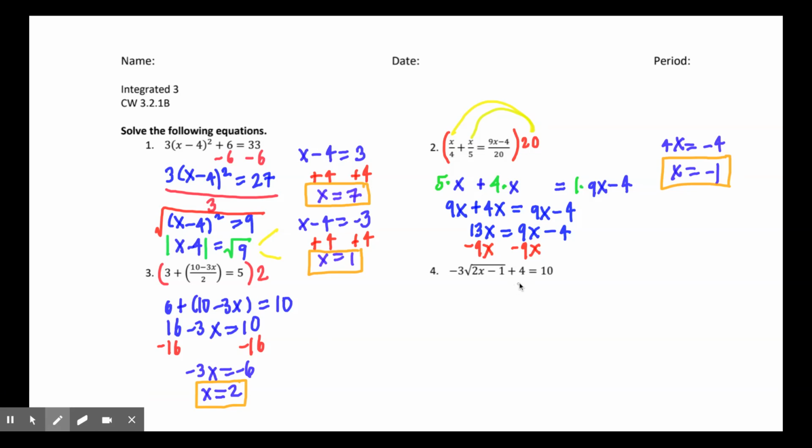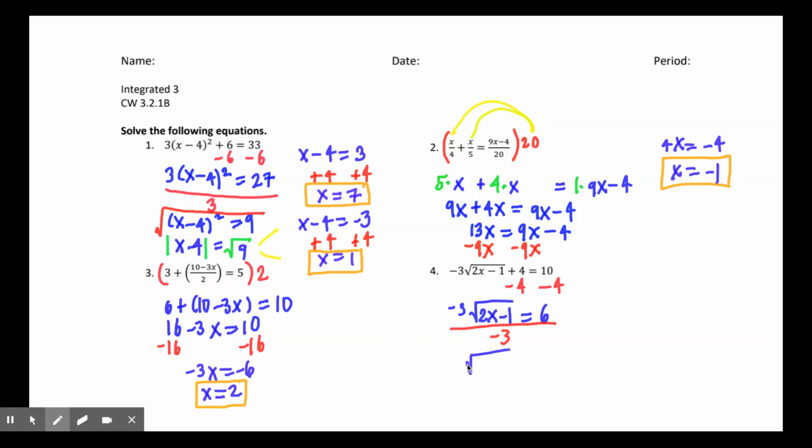Okay, now for this last one, just kind of like the squared one, you want to isolate the square root. So subtract 4. So then you get negative 3 times the square root of 2x minus 1 equals 6. And then you divide by negative 3.